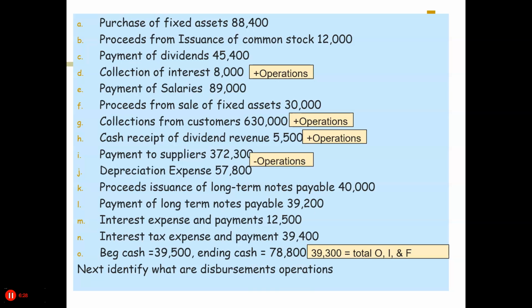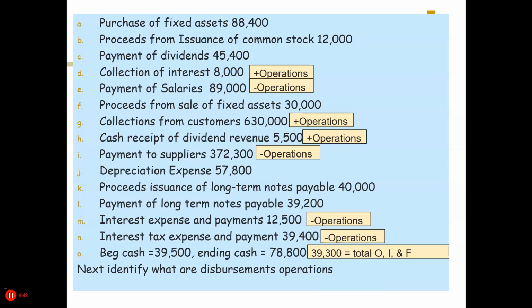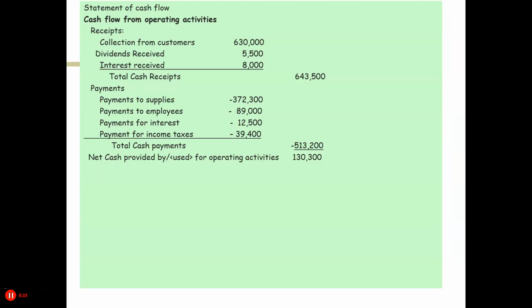First, we have the payment of the salaries, which would decrease it, payment to suppliers, payment of interest expense, and payment of taxes. Now you notice I'm checking all these off as I go. And now I would add them all up and subtract them from the receipts, and that gives me my net cash provided in this case by operating activities.